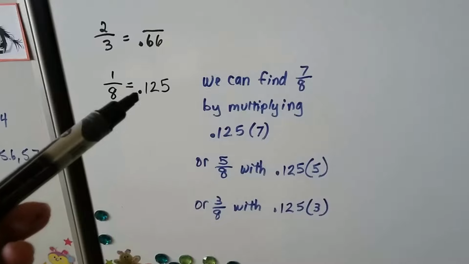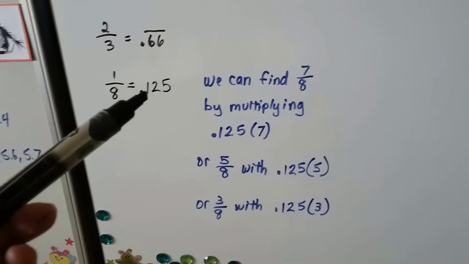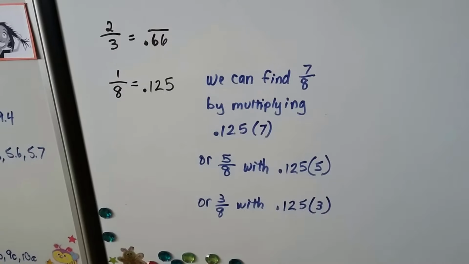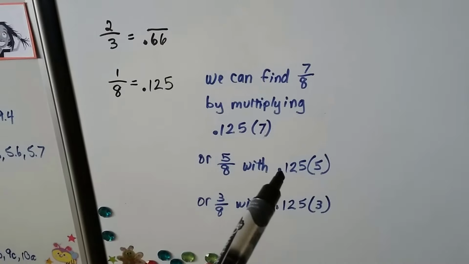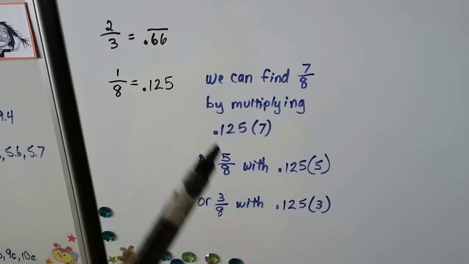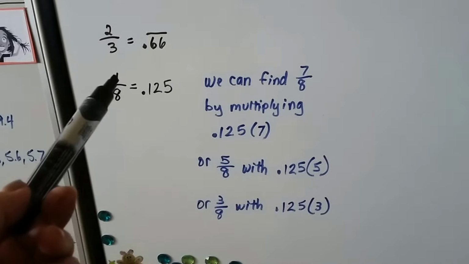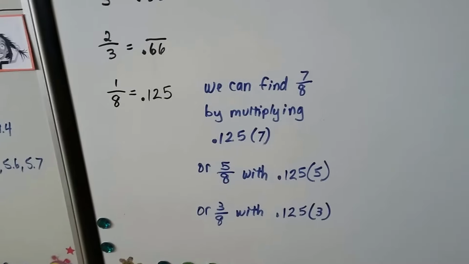See? 3/8 would just be 0.125 times 3. See? Multiplied by the numerator. 5/8 would be 0.125 times 5 because it's 1/8 times 5. See? If this is 1/8, then 5/8 would be 5 of these, wouldn't it? It would be times 5.